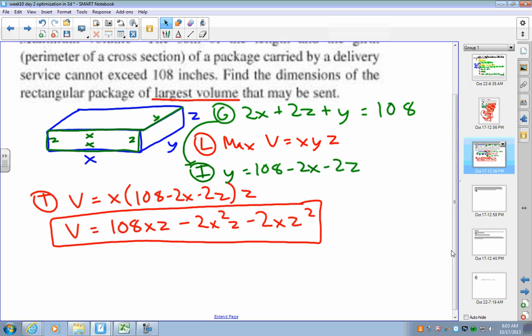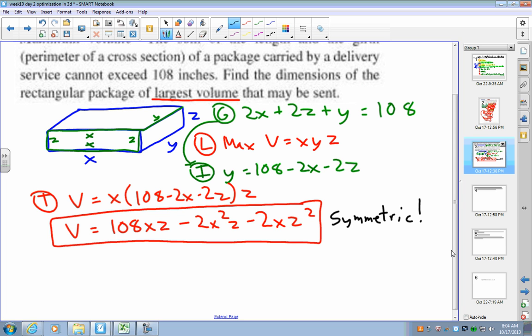Okay, and I'm going to put a word here that we've talked about in the last couple weeks, just to remind you what can happen. Okay, it's symmetric. Stare at it. The 108xz, if I switch the x and the z's all the way through this, it would still be the exact same equation because especially the second and third terms there, the 2x squared z and the 2xz squared, they're the same guy if you switch those around.